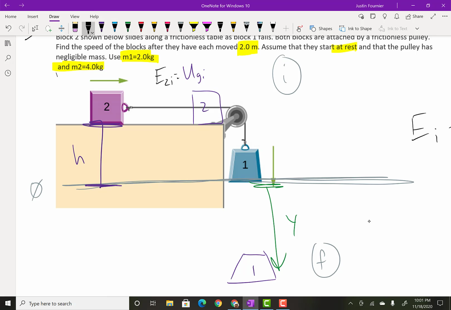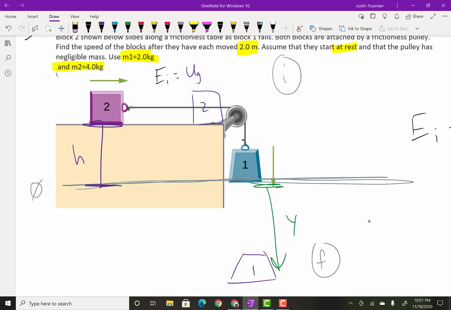And then the initial potential energy of object 1, so let's just go ahead and say we have potential energy of object 1. So how do I want to do this? Let's just say the initial total energy of this whole system. Well, object 2 is going to have gravitational potential energy initially.